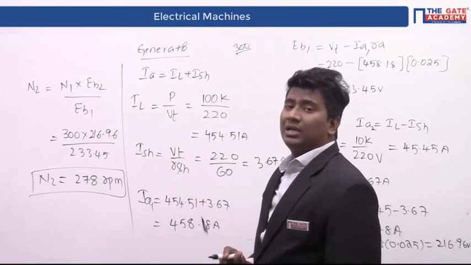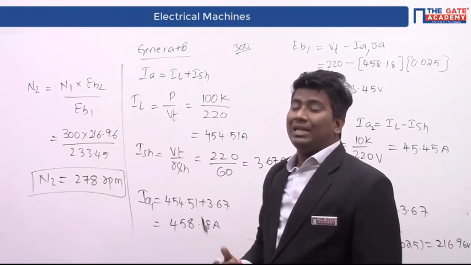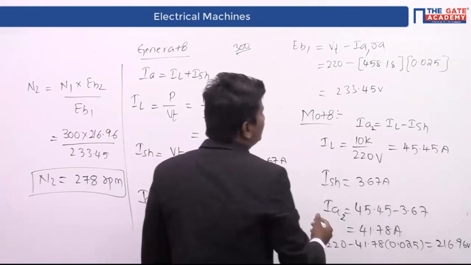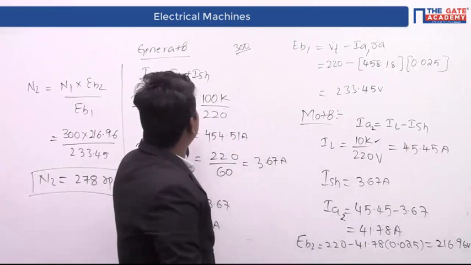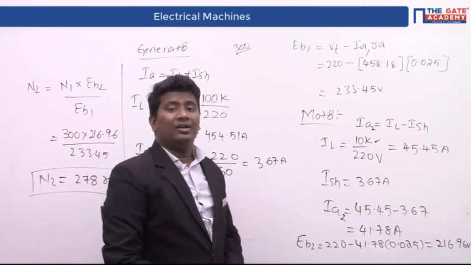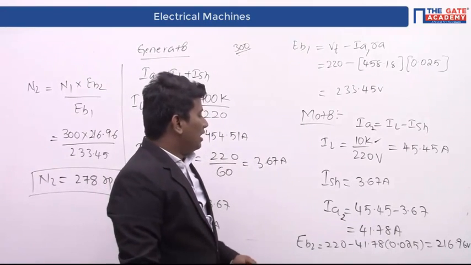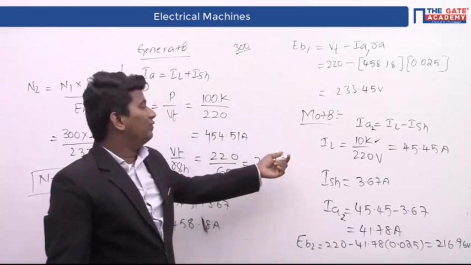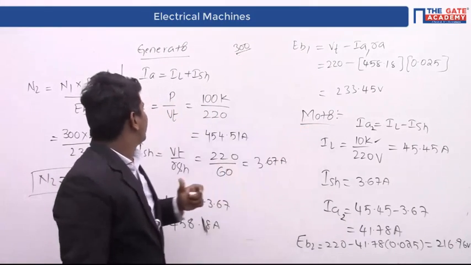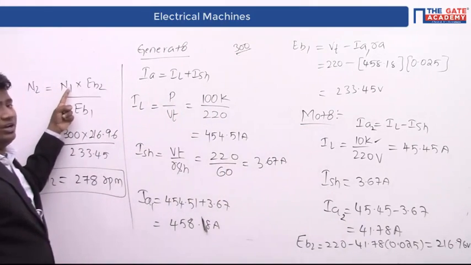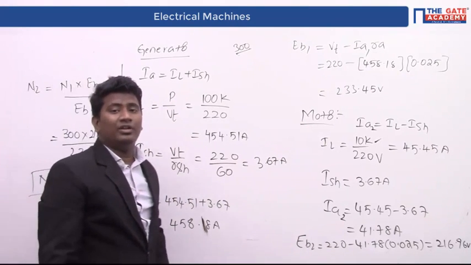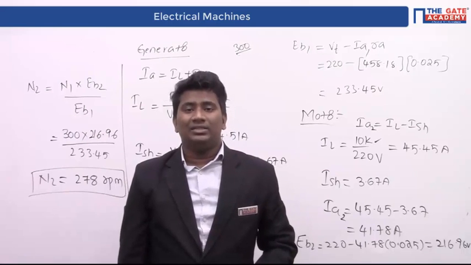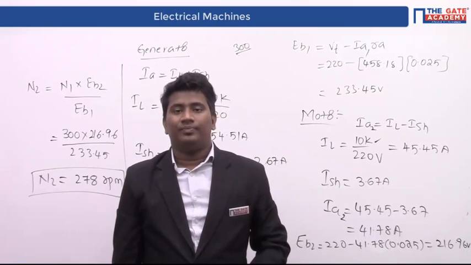Belt broken means now it is acting as a motor, but it is drawing a power of just 10 kilowatt, whereas as a generator it was giving 100 kilowatt. Therefore, to find the speed of the motor, N2 is equal to N1 into EB2 by EB1. So finally, the speed of the motor at this instant is 278 RPM.